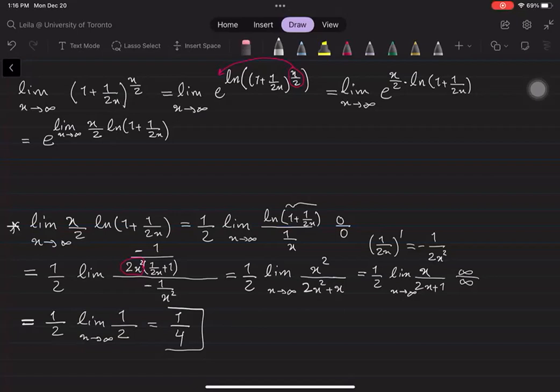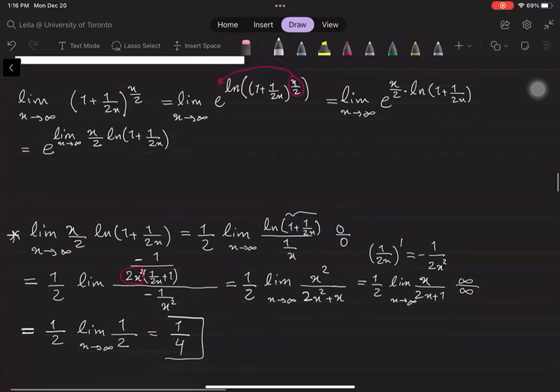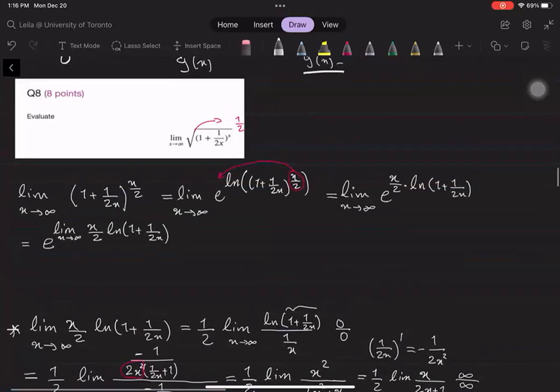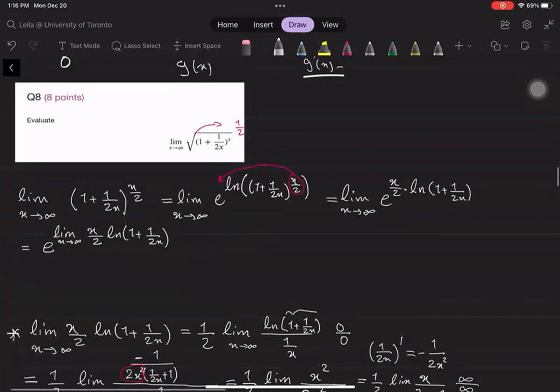Yeah, okay, so let me explain this again. I got the x over 2 because here you have a square root, which is the same as saying power of 1 over 2, right? So you have power of x and then multiply it by 1 over 2.